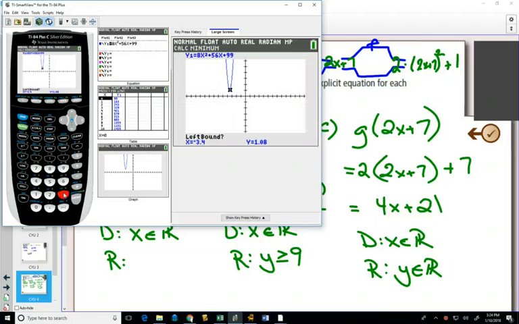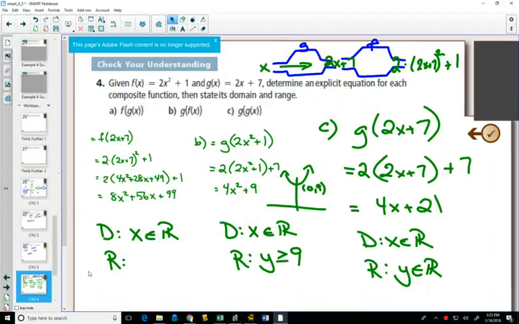It looks like it's between -5 and -1. Yep. Push enter, and your minimum is at -3.5, 1. So your range, y is greater than or equal to -1. Was it positive 1? Yes, I think you're right. Yes, positive 1. Thank you.